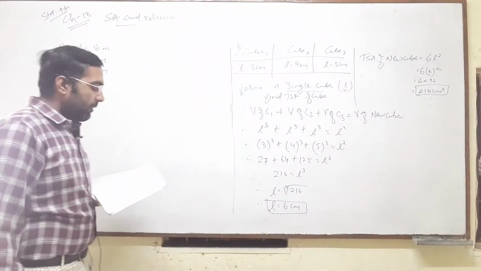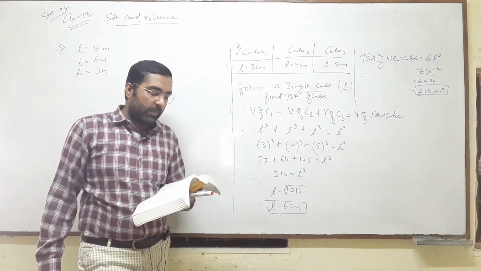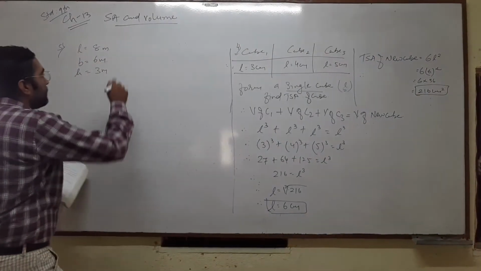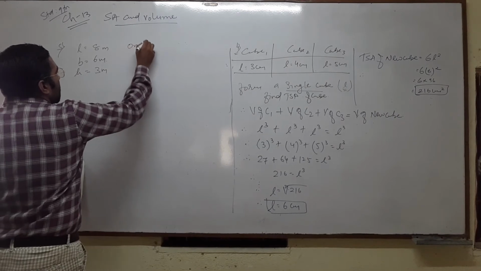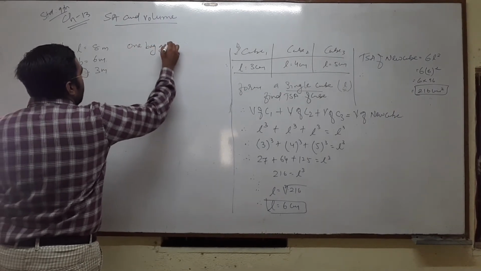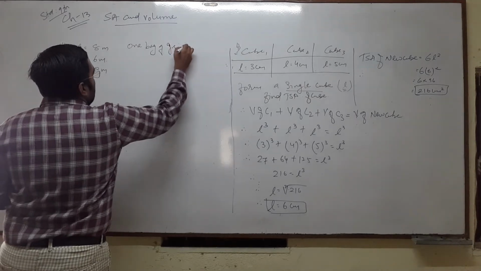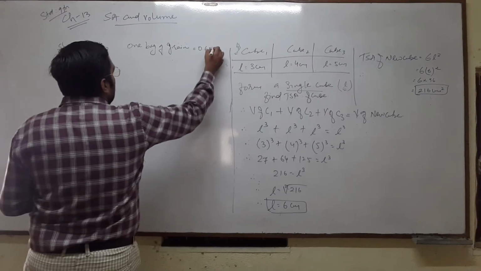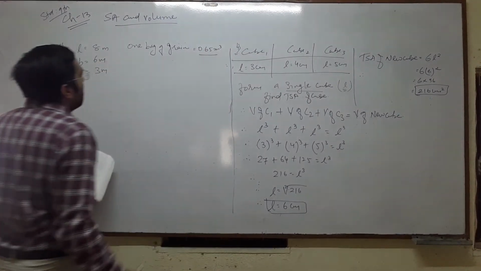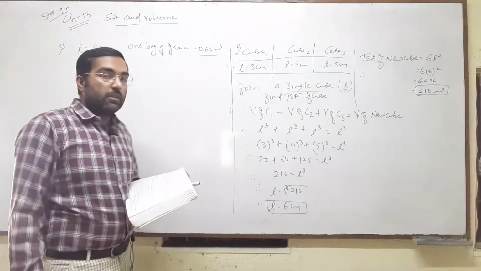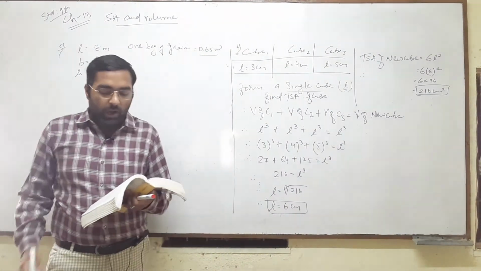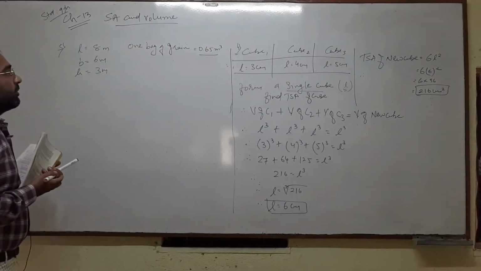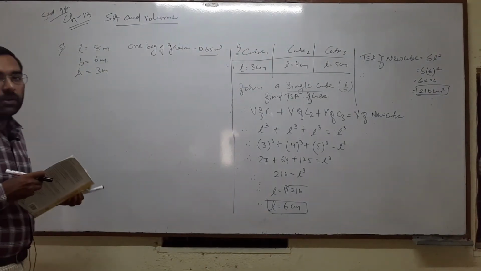After that, if a bag of grain occupies a space of 0.65 meter cube, one bag of grain occupies 0.65 meter cube. One bag of grain occupies space of 0.65 meter cube. How many bags can be stored in the granary?